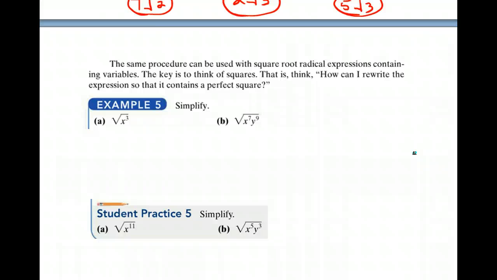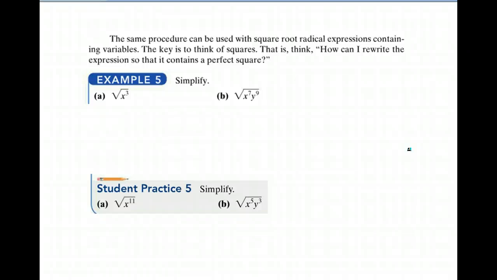What I want you to do here is very, very similar. We have to rewrite this expression so that one of them contains a perfect square. So what we're going to do here is take our exponent and break it into a factor of 1 x, and then we'll be left with an even one.